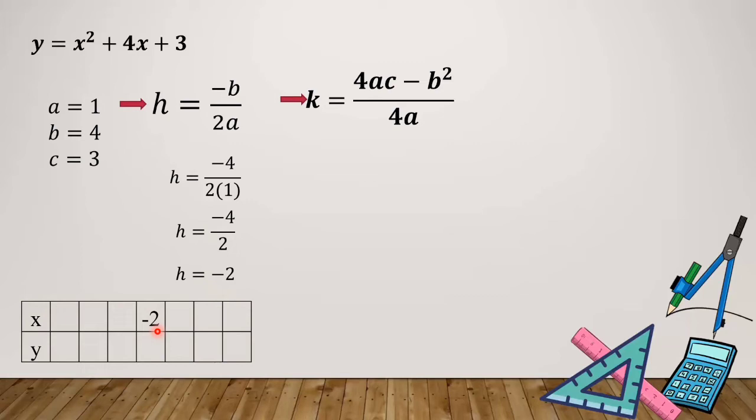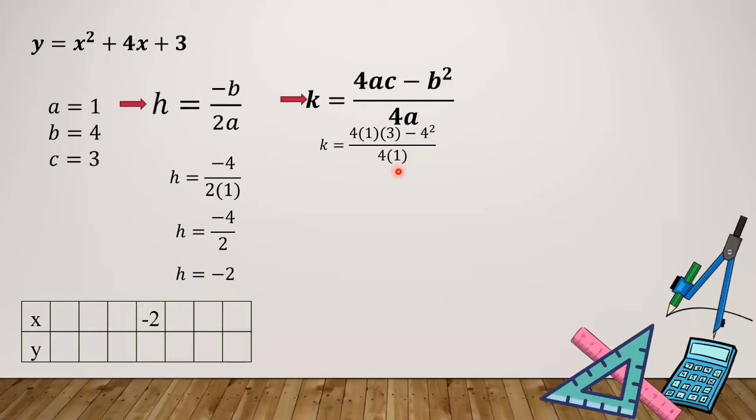We substitute again the value of a, which is 1, the value of b, which is 4, and the value of c, which is positive 3. So it will become k is equal to 4 multiplied by 1 times 3 minus 4 squared over 4 times 1.